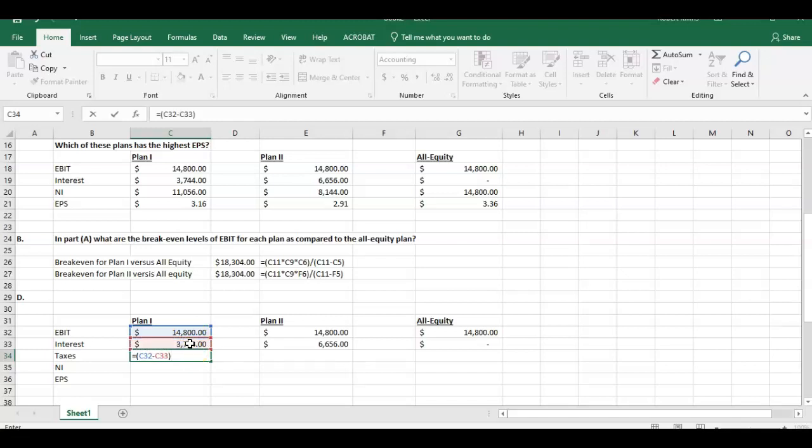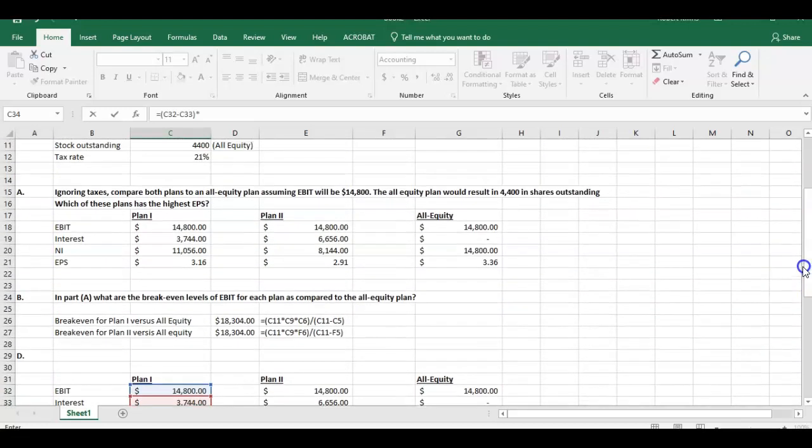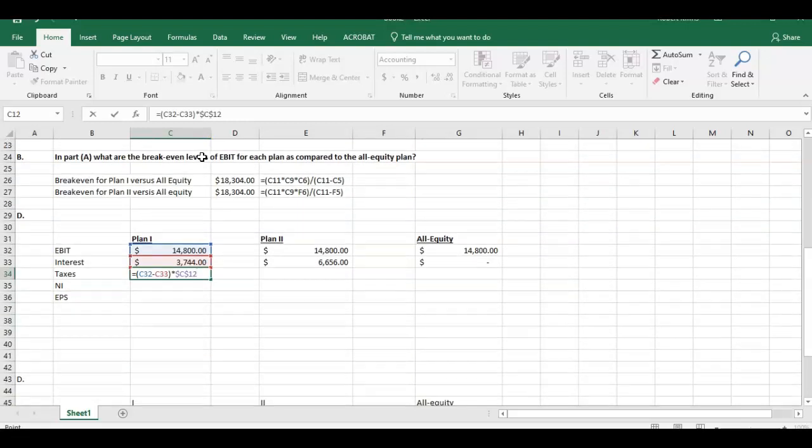This is going to give us our earnings before taxes, and then we can multiply this by the tax rate. And here the tax rate is 21%. When I put this 21% in here, I'm just going to press F4 to keep this constant so that we can drag it across and calculate what the taxes are going to be for the other columns, plan two and the all equity component.